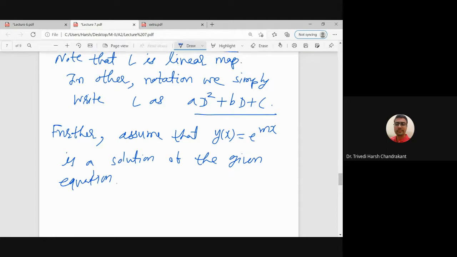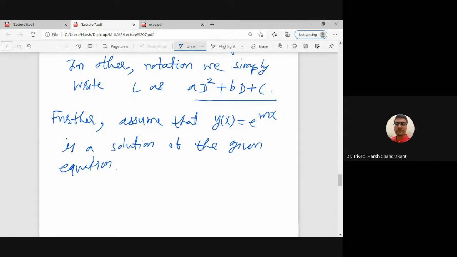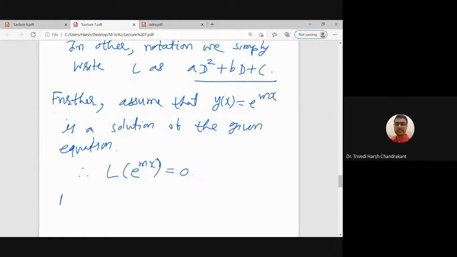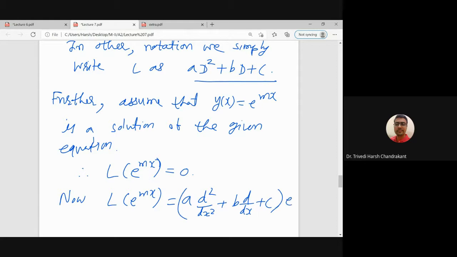Right. So if it is a solution, that means it must satisfy the given equation. That means L of e power mx is 0. And what is L of e power mx? That is a times the second derivative plus b times the first derivative plus c times the function y, that is e power mx.